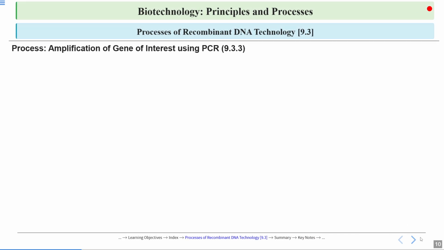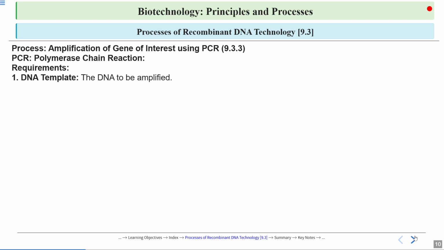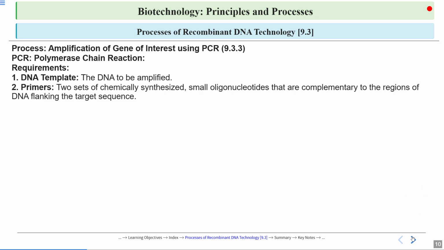So what is the process of amplification of our gene of interest using PCR? Before that, we need to amplify our gene of interest, so for that, what do we need? First of all, we need the DNA template, the DNA that needs to be amplified. Second, we need primers. Now, what are primers?